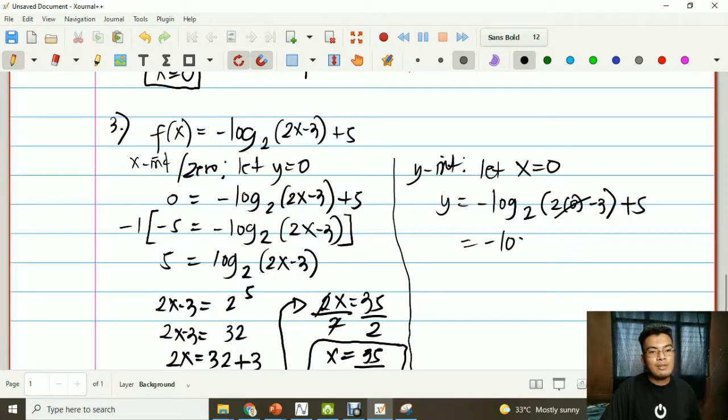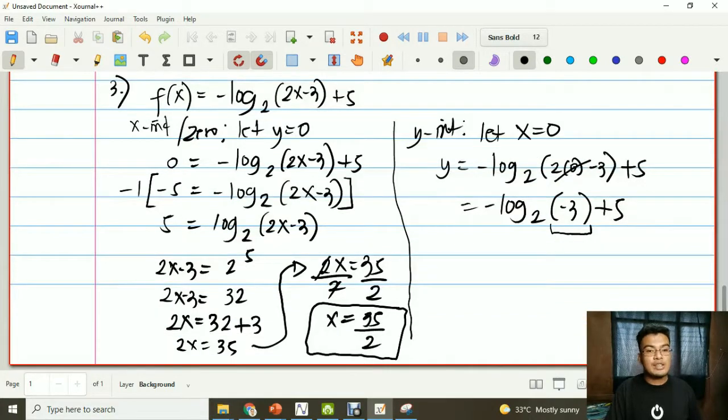So negative log base 2 of negative 3 plus 5. If we look at the argument that has x, it equals a negative number, which is not allowed. So this is undefined. Therefore, there is no y-intercept.